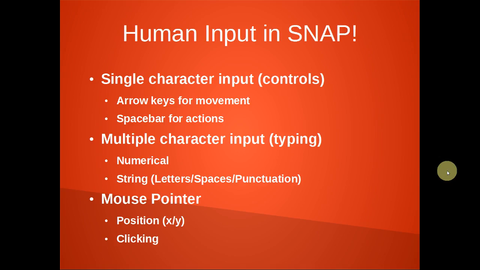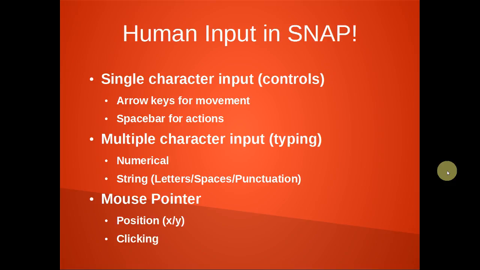Okay, so every program you're going to want to interact with in some way, right? You can't make a game or anything of that nature if you can't type in anything or move or whatnot. So Snap provides a few different ways to do this, one of which is single character input, such as an arrow key movement or hitting spacebar for jump or whatever you want it to be.